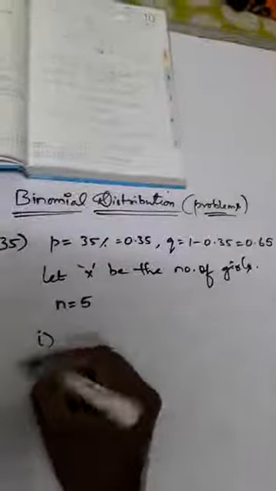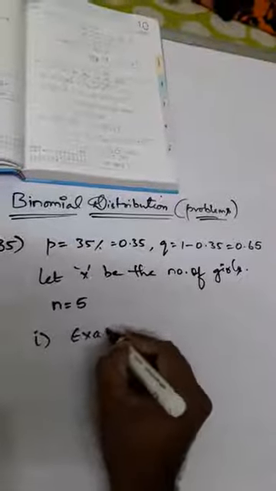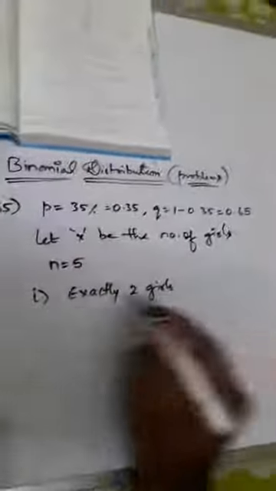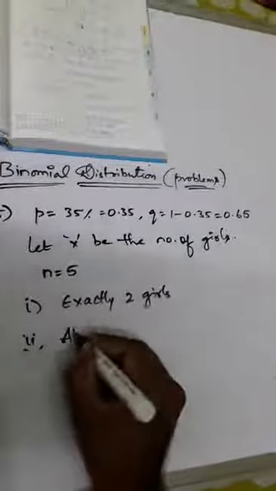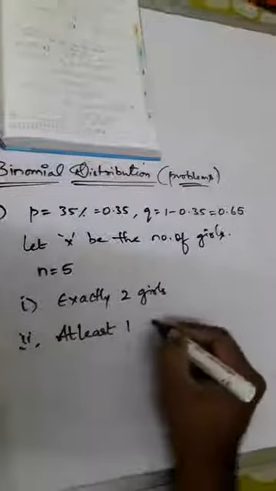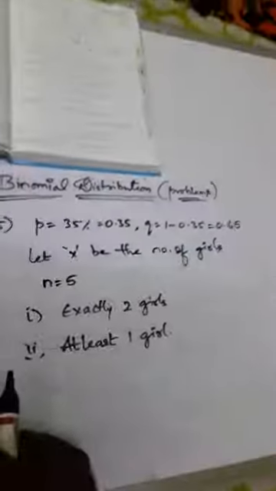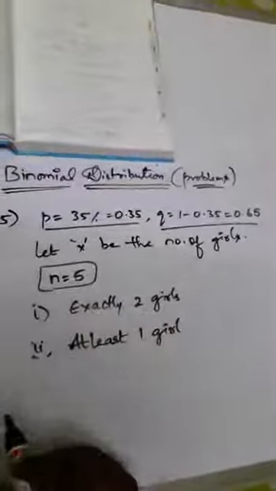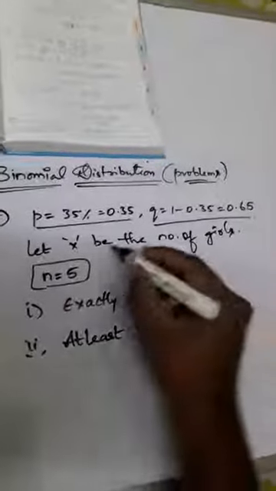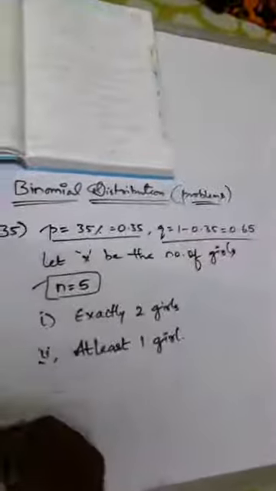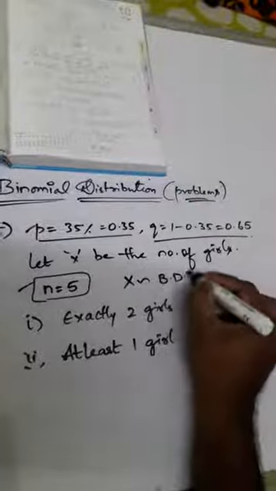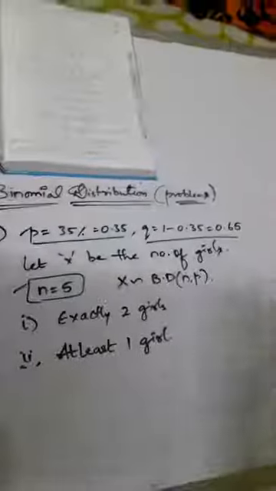Question number 1: exactly 2 girls. And question number 2: at least one girl. Now P is 0.35, Q equals 0.65, and N equals 5. Let X be the number of girls. So here N and P, both the parameters, are given. Therefore X follows binomial distribution.